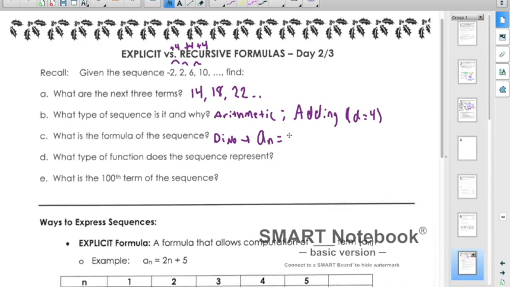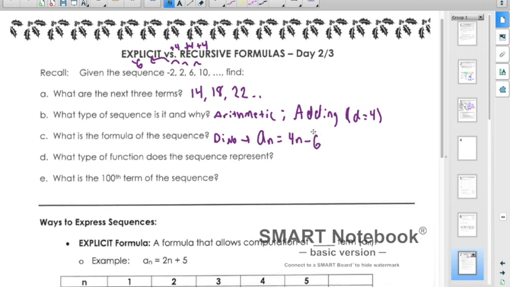The difference between the terms is 4, and then we put our n. Then we do 1 before the first term. What came before -2? It had to have been -6. So our formula is A sub n equals 4n minus 6.